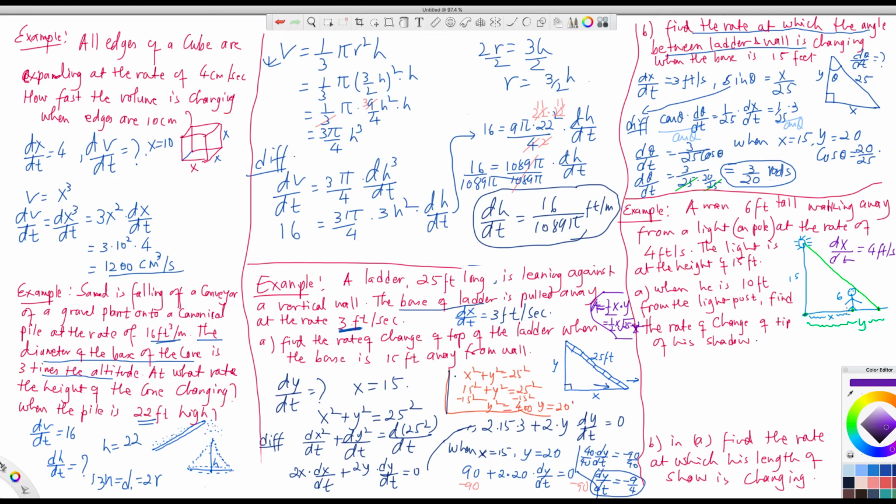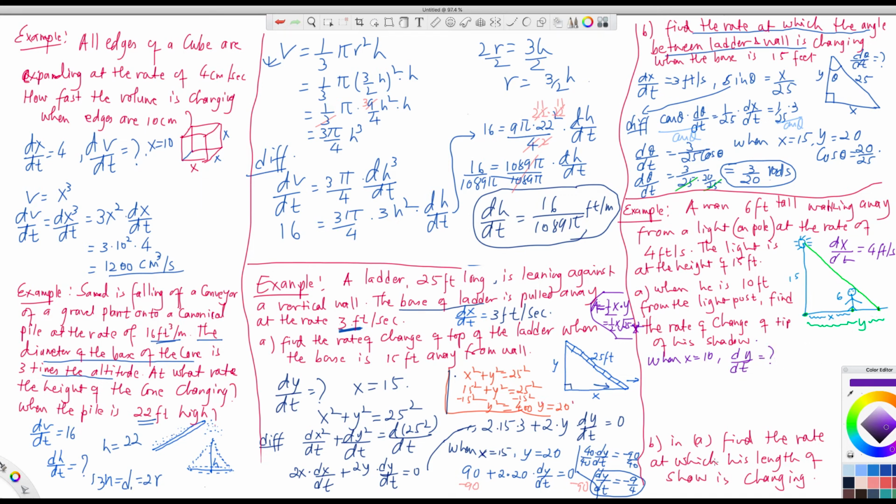So x is increasing at 4 feet per second, right? And on the first one, when x equals 10, you need to find out dy over dt equals what? This is what it is asking.